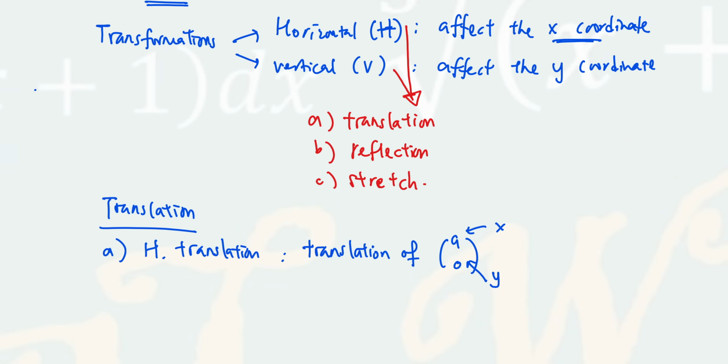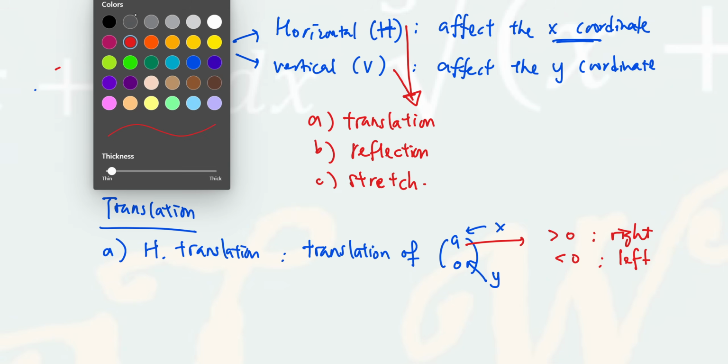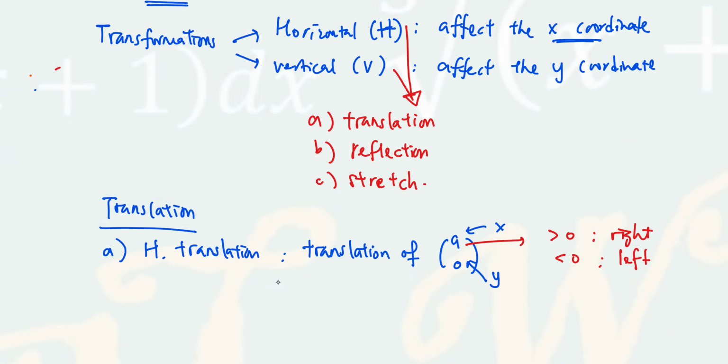Now for your information, if your A is positive, more than 0, that means you are going to move to the right. If your A is negative, then the graph will be moved to the left. So if this is your translation, your f(x) will be converted into f of x minus a.